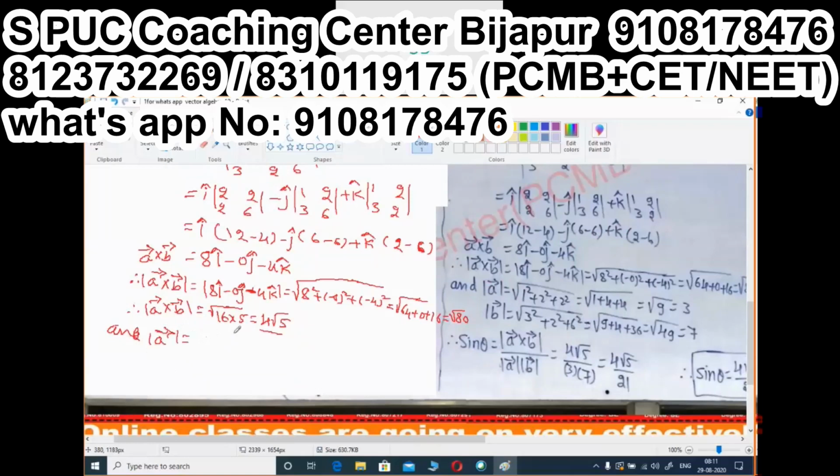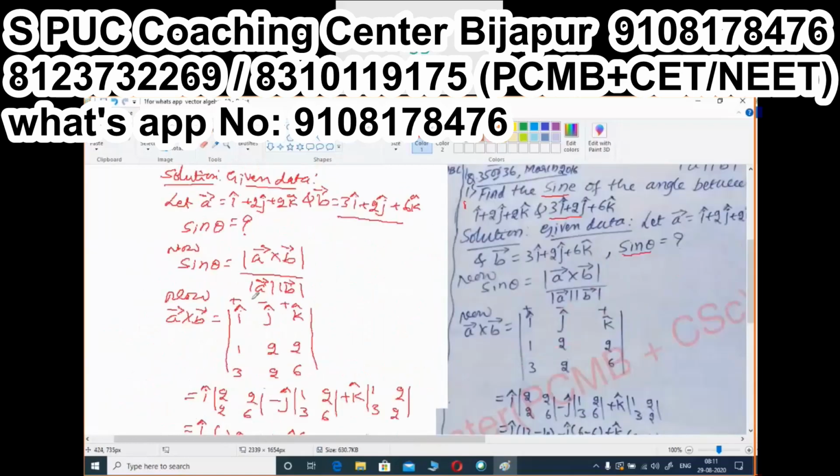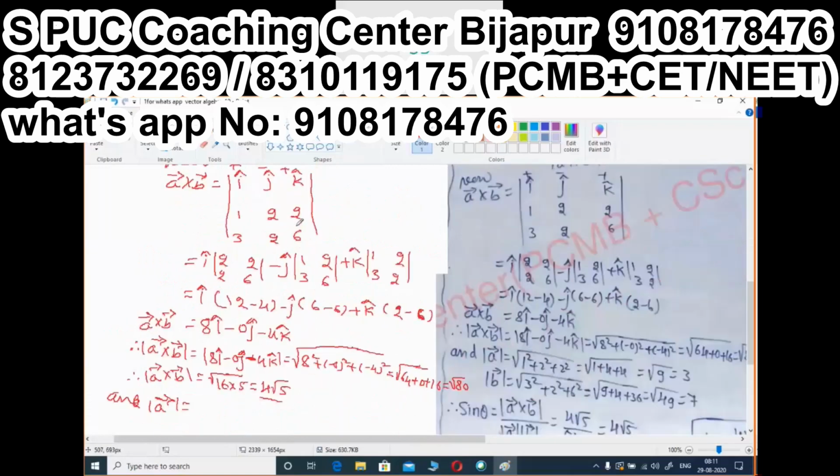That already you have taken here, that is i cap plus 2j cap plus 2k cap. That modulus is going to come out as root of 1 square plus 2 square plus 2 square. Then it will be 1 plus 4 plus 4, that is root 9. Root 9 means that is 3.